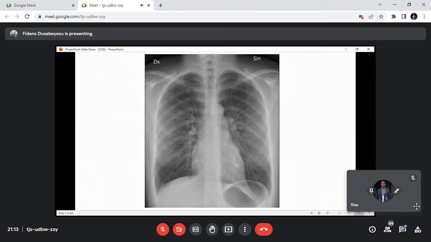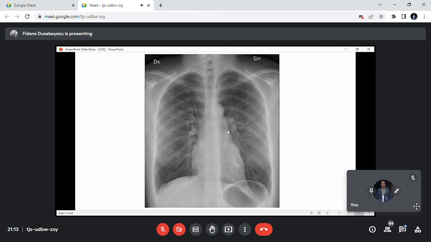So how do you check the hila? You have to know that the normal left hilum is this one, and the hilum on the right side is this one. It's a confluence of vessels here.